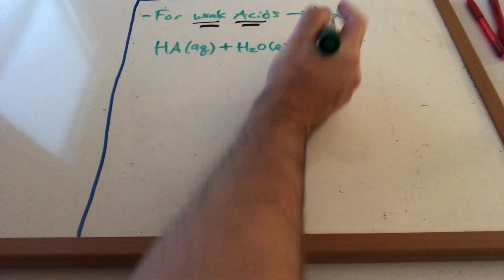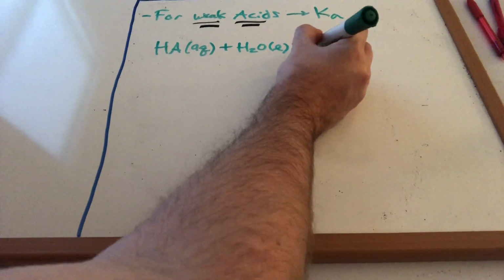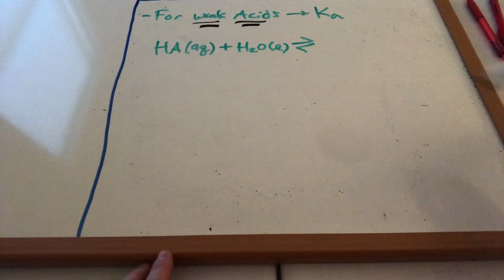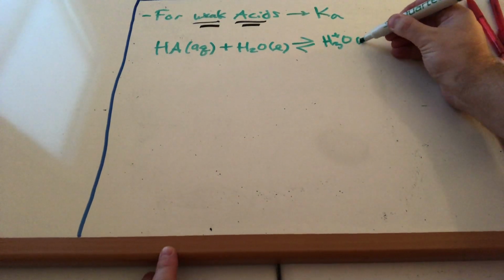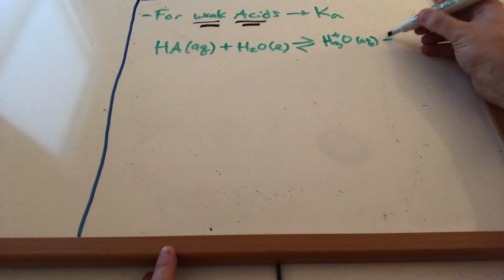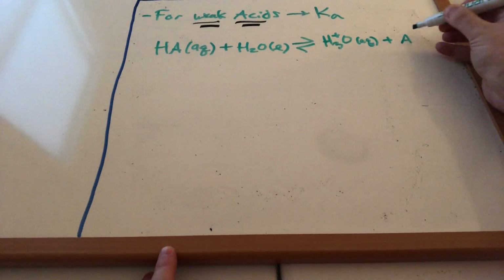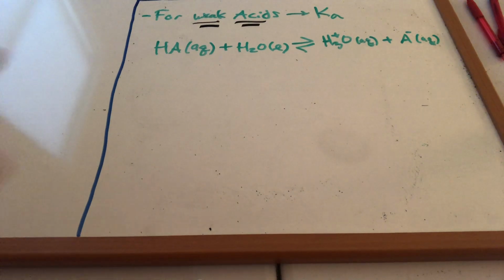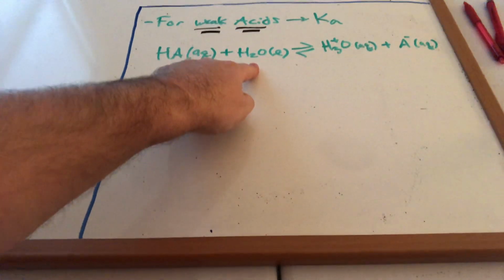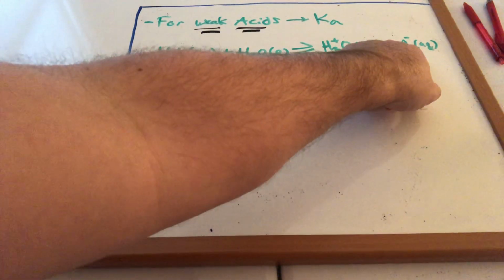And if it's a weak species with a Ka, an equilibrium is established. And what you generate every single time is hydronium ion for these weak acid interactions and the conjugate base. Acid plus water gives hydronium and the conjugate base.